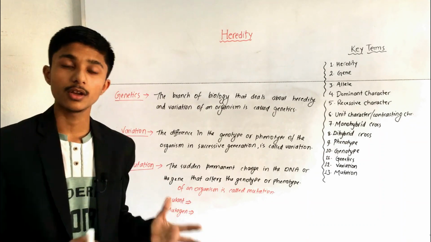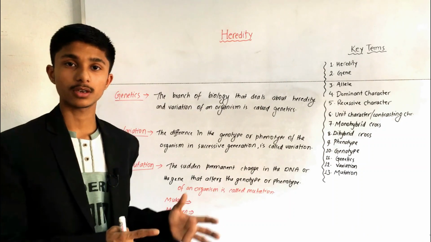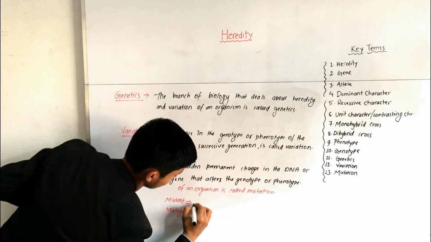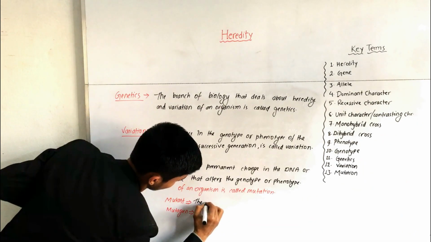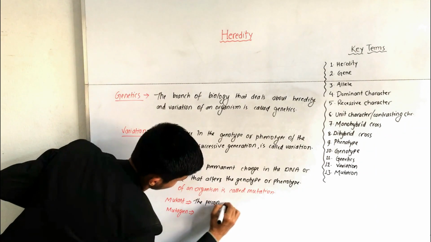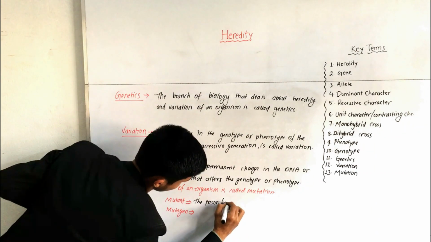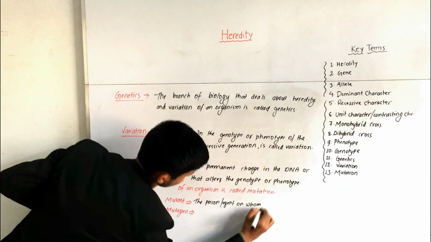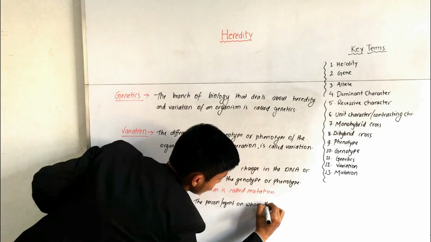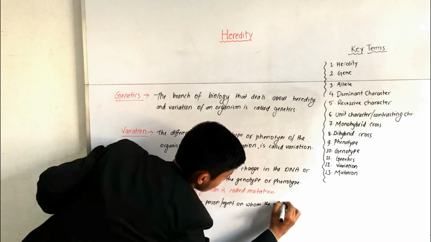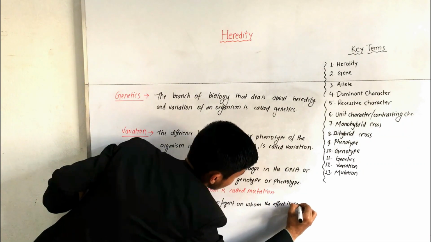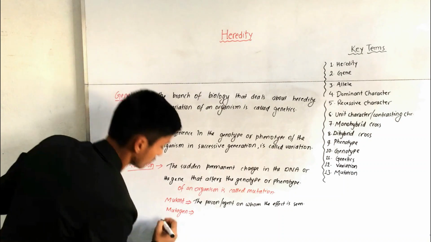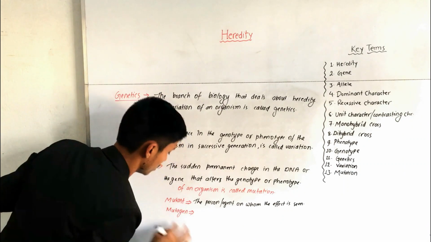What is the cause of mutation? For example, radioactive rays and chemicals, these are all mutagens. We can write here the definition of mutagen. The mutant is the person or agent on whom the effect of this mutation is seen.